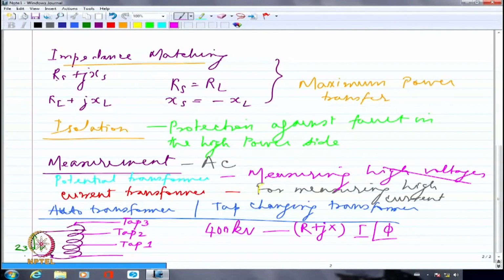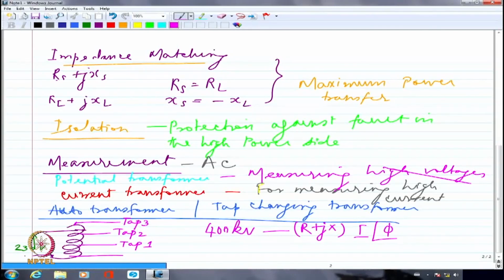If I switch off some of the loads, they are gone, then the current is going to decrease. If the current decreases, R plus jX multiplied by the new current will be definitely smaller compared to what I got earlier.